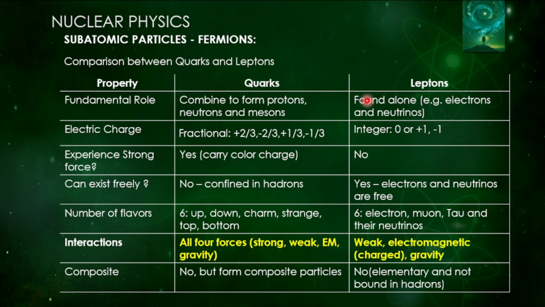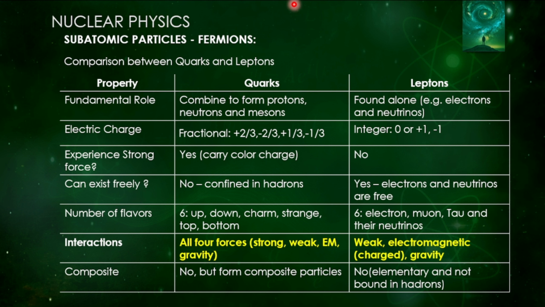As a comparison between quarks and leptons, these two types of particles differ on multiple levels: the role, the charge, the interaction with the strong nuclear force, whether they can exist freely or not, the number of flavors, though that's not a difference since both have 6, the interactions, and finally the composite.